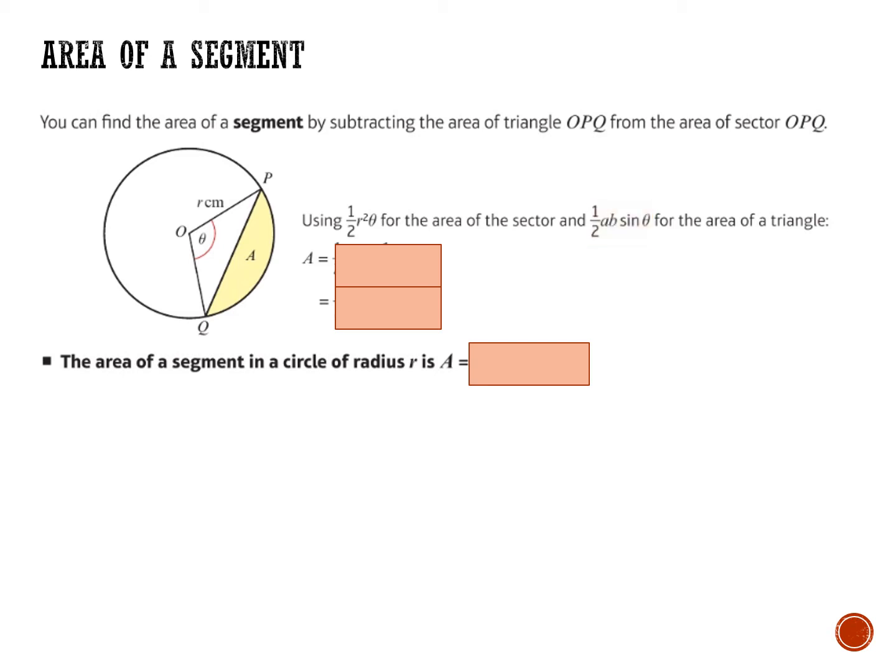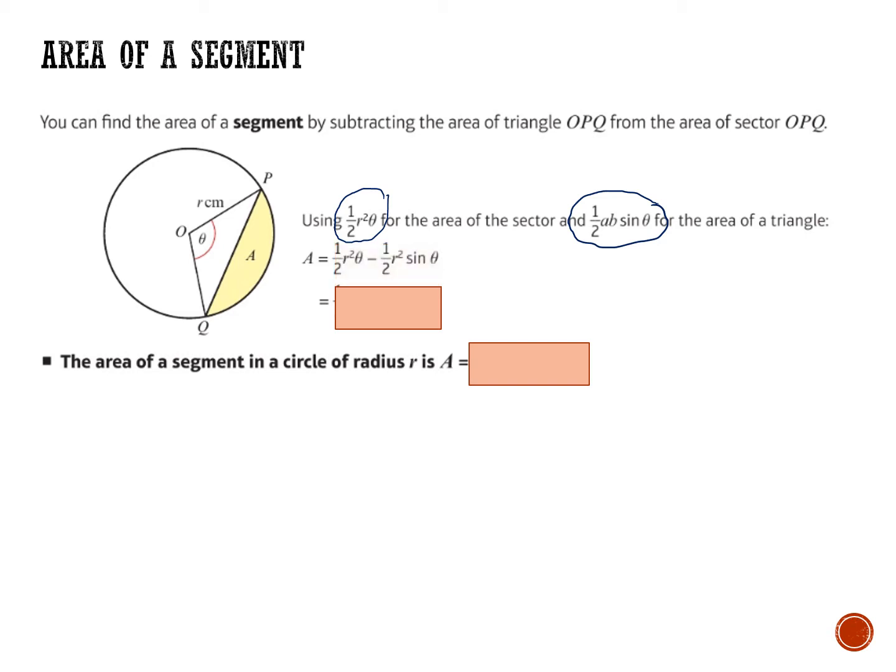Okay, so area of a sector is half r squared theta, we just did that. Area of a triangle, now it's not a right angled triangle, so we're going to use half AB sine C, or half AB sine theta. Now if we look at A and B, they're the sides that make the triangle with the angle between, so they're both radii.